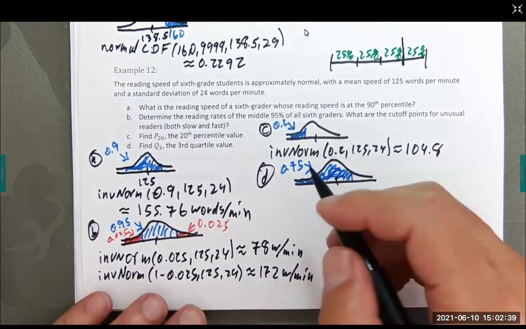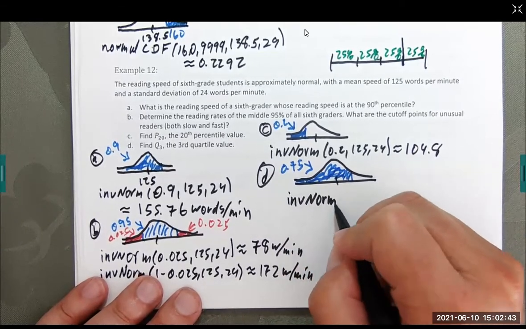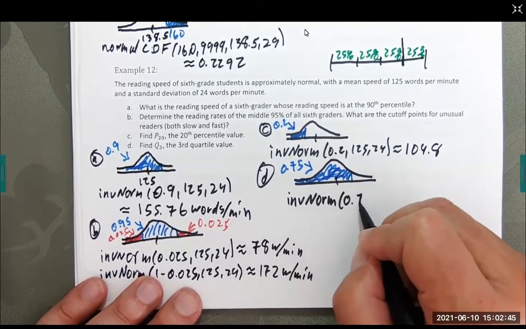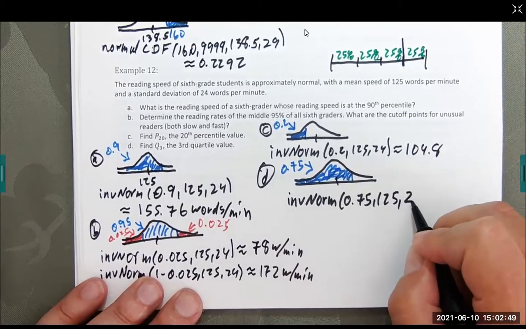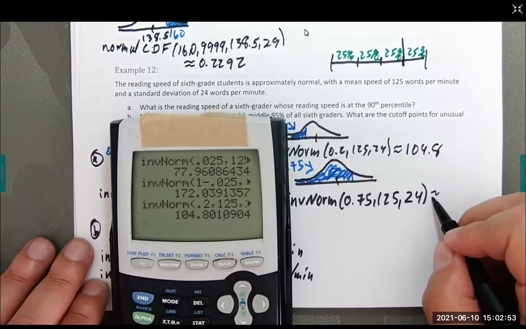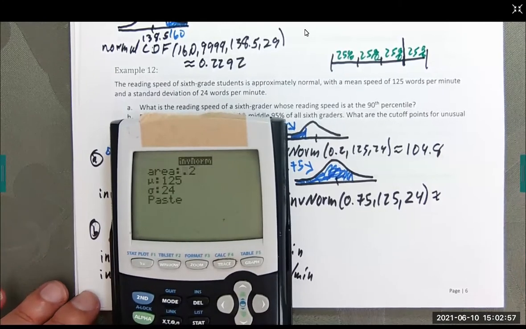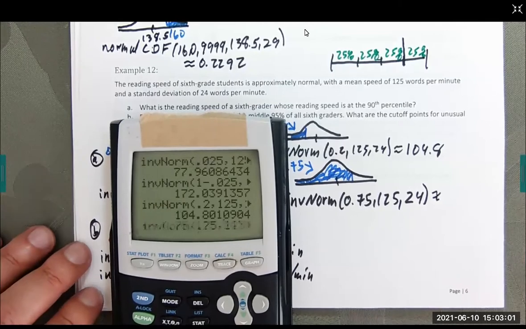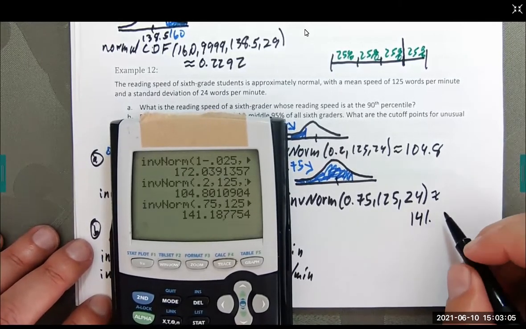Which means inverse norm of 0.75, mean standard deviation, 141.19.